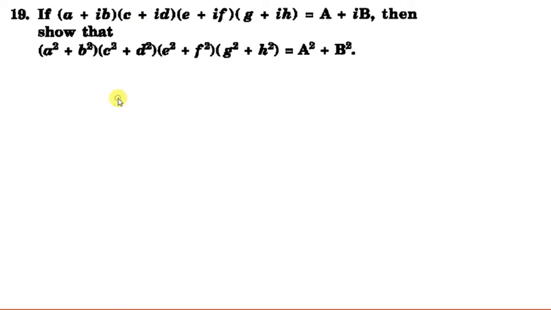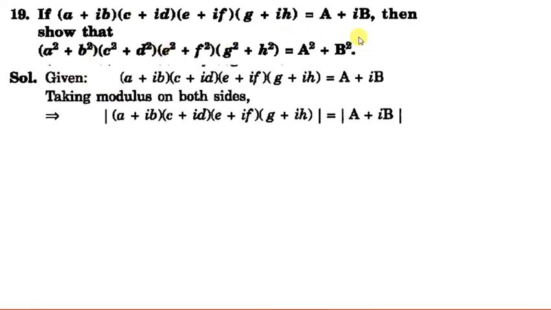Here we can take the modulus of both the sides of the given equation, and these are the complex numbers, so we can use the property of modulus of complex numbers, that modulus z1 z2 z3 z4 equal to modulus z1 into modulus z2 into modulus z3 into modulus z4.